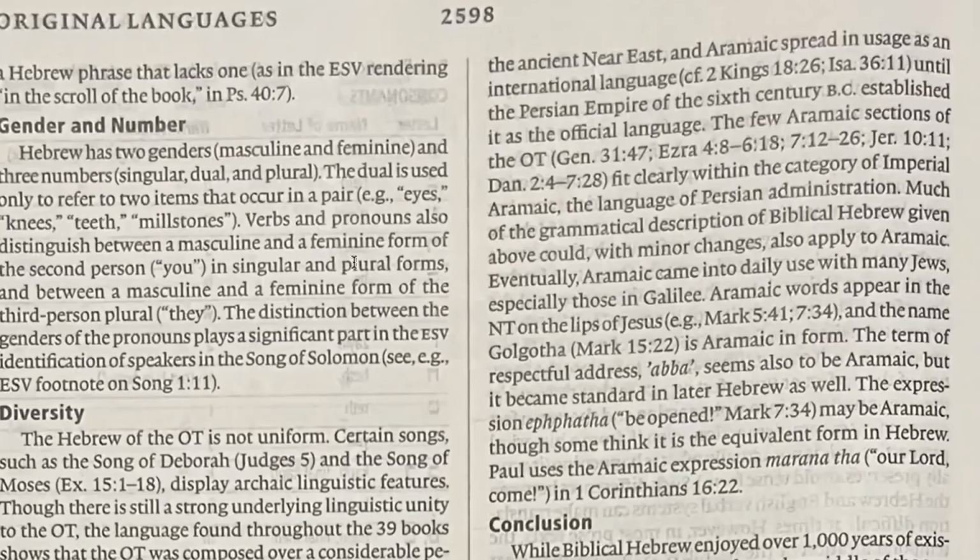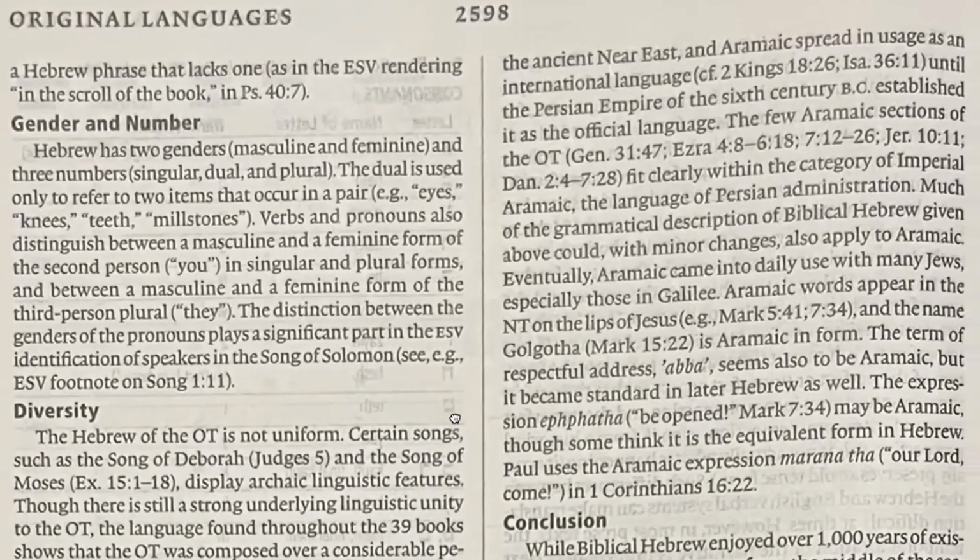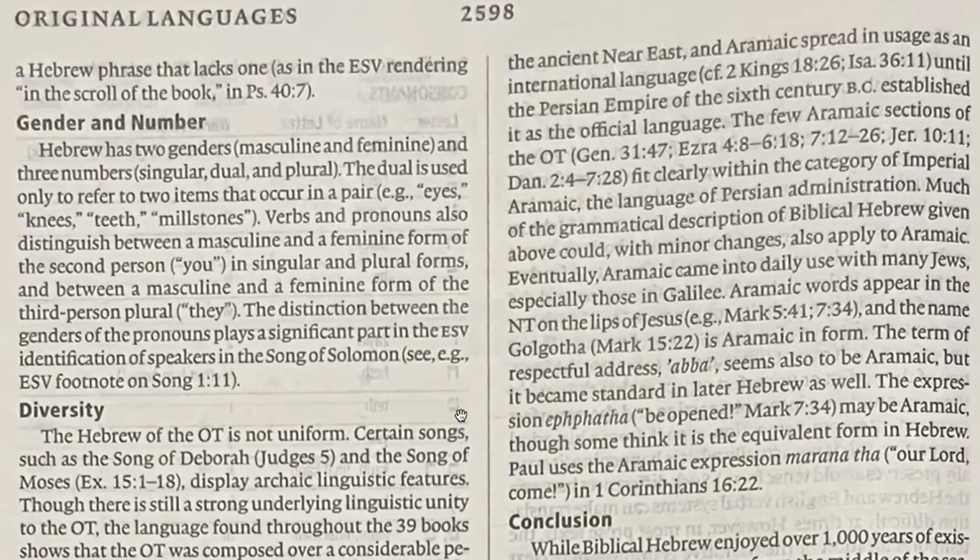And I talked about when we were doing the preface, when we were trying to understand how the ESV translation came about.